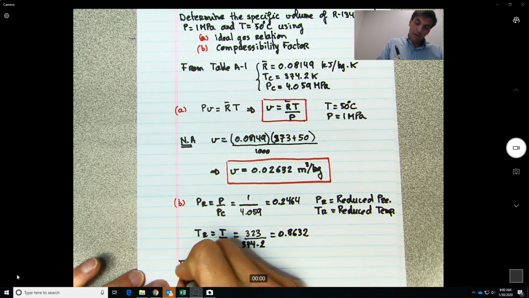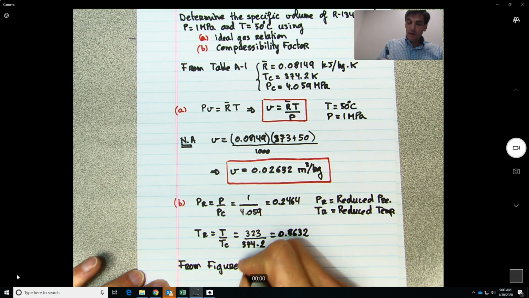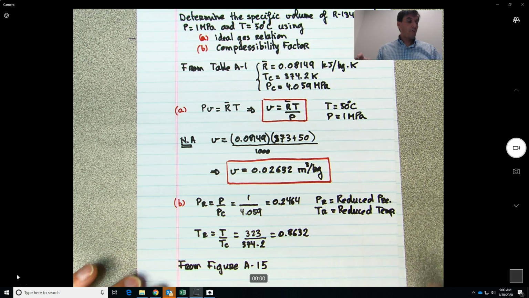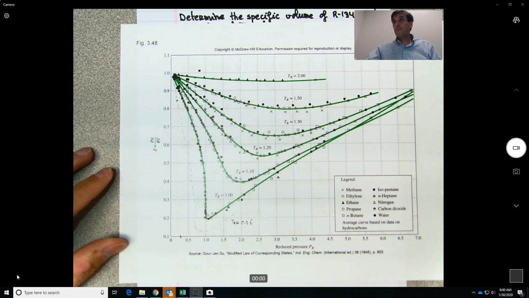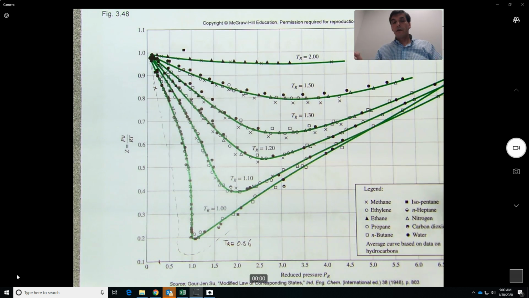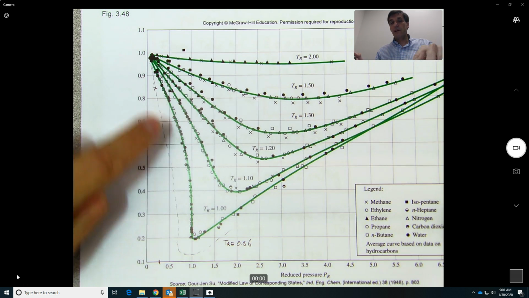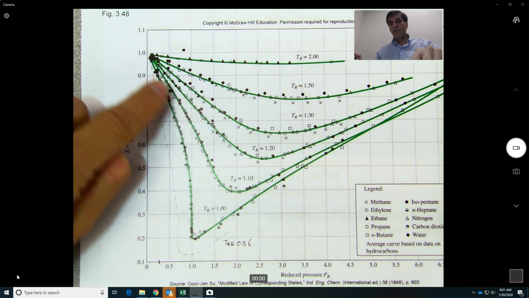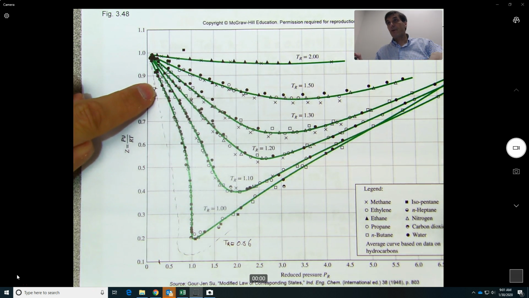Okay, so now from figure A15, but to tell the truth, in this problem I use this figure here, which is from the book. If I zoom in, you see that it only has TR lines for 1, so I kind of made up my guess for the 0.86 TR. These are lines for different TRs. And for 0.25, I put a point over there.